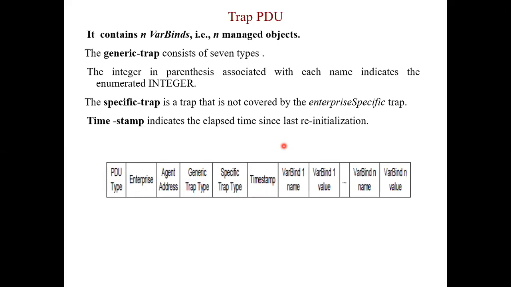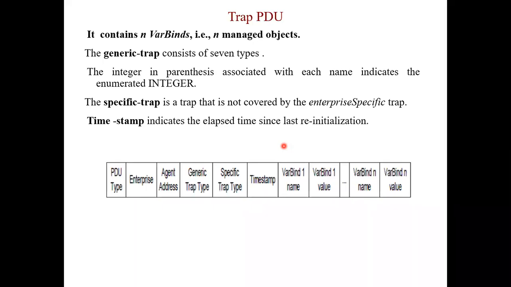So the performance monitoring team will then take up that data, and they will see why so many trap messages were generated. Can I improve the performance of the network? See, all these are interrelated. It is not only the fault management team or the installation and maintenance team who will come into the picture. If there is a trap message that the link is down, it is not just about putting up or replacing the link.